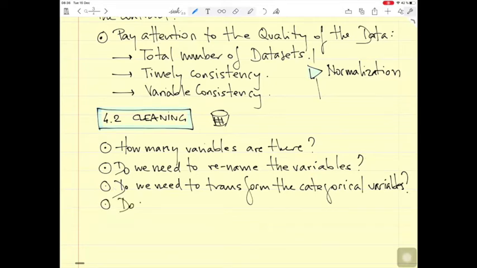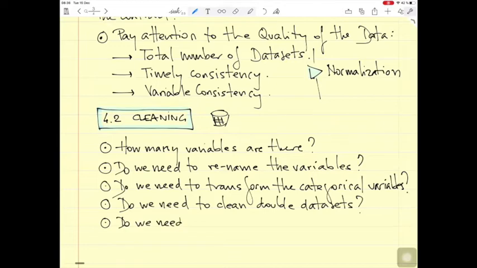Do we need to clean double data sets? Or do we need to eliminate or clean non-coherent, not dependent variables?